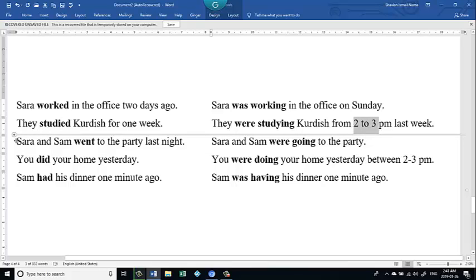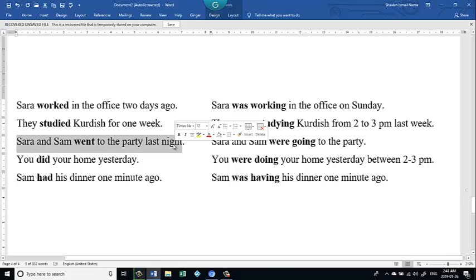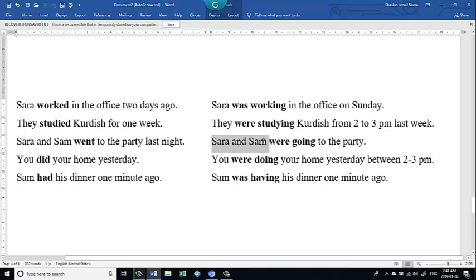If we look at this, Sarah and Sam went to the party last night. Went is the past of go, and also I have last night, then I know definitely it happened in the past, because last night is an indication of the past, and also went is the past of go. Then if we look here, we have Sarah and Sam were going to the party.